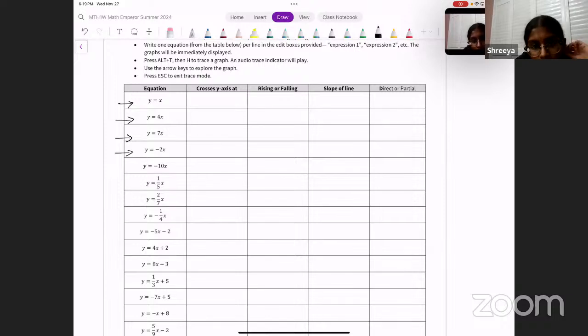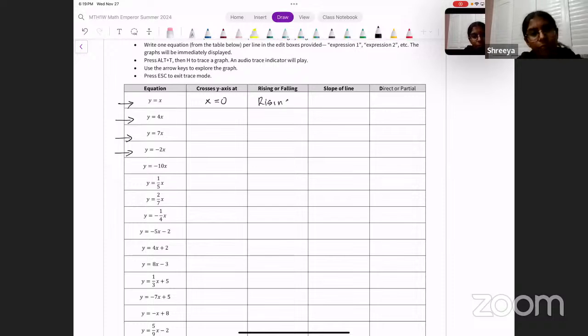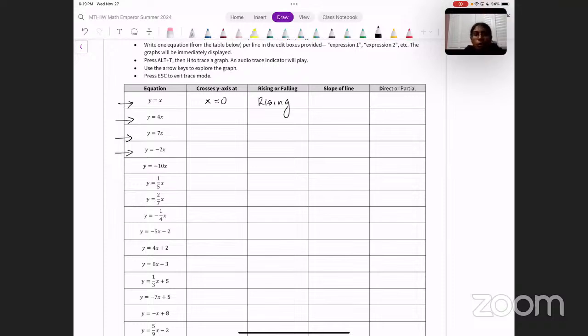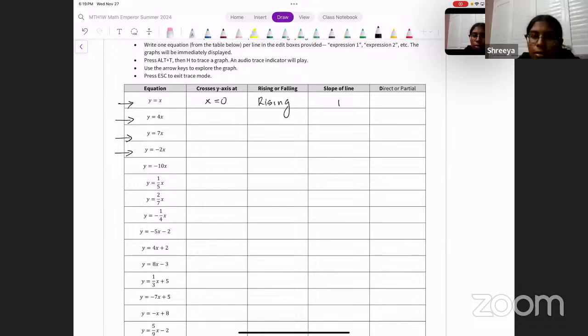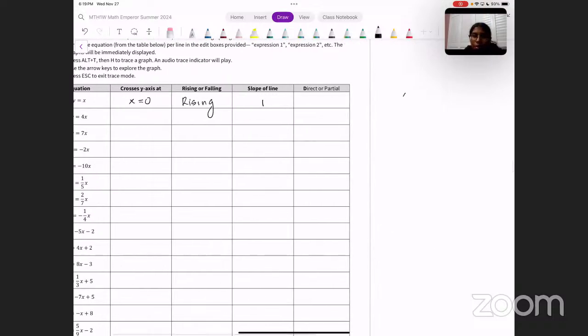For y equals x, it crosses at 0, so x equals 0. Rising or falling? It's rising. The slope of the line, 1. Direct or partial? I didn't understand what that meant. So direct or partial is, you need to ask yourself, when x is 0, if y is also 0, that is direct.